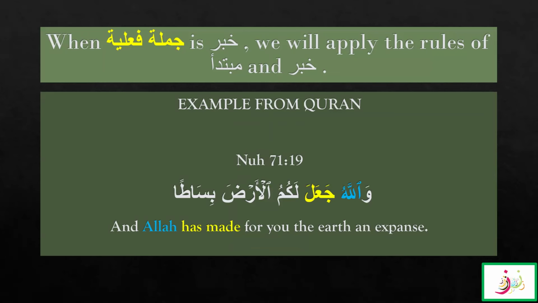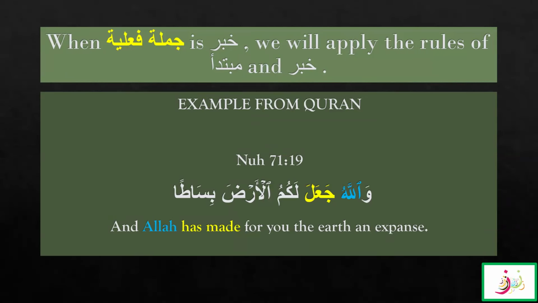See the example from the Quran from Surah Nuh. Wallahu ja'ala lakum al-arda bisatan. Here, and Allah has made for you the earth an expanse. This is harf atf. As you know, Allah, lafzul jalala, here is our mubtada and ja'ala here is our khabar.